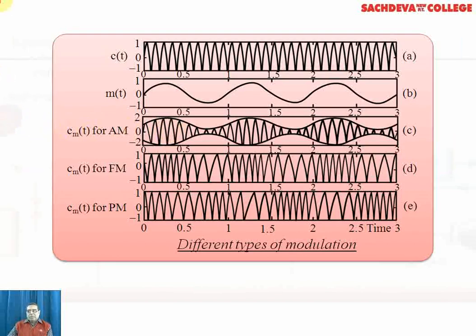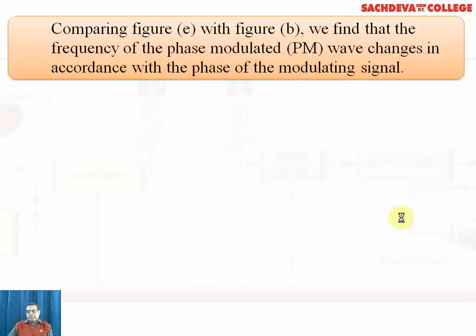So these all figures are shown here, and the C figure is basically for the amplitude modulation of c(t). And similarly, the other figure D is for the frequency modulation, as already I have expressed, and the third one, that is E, is for the phase angle modulation.